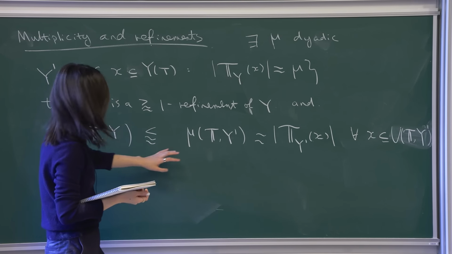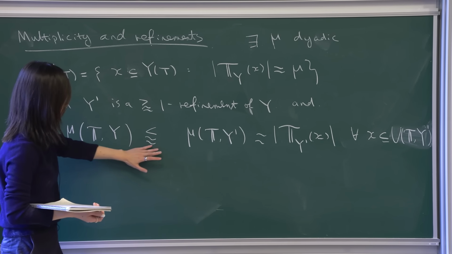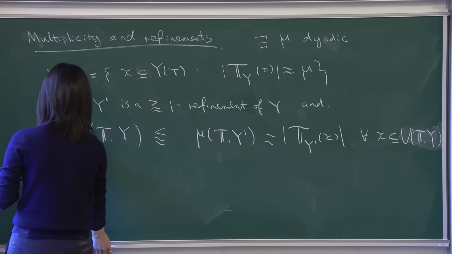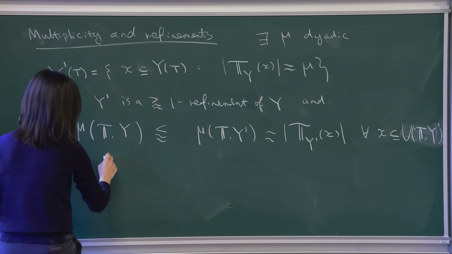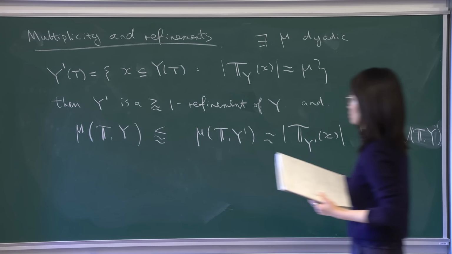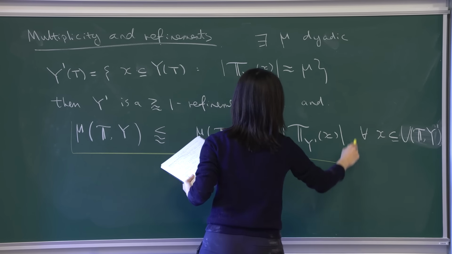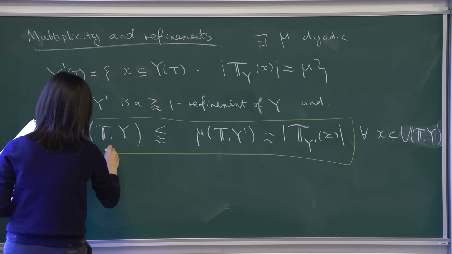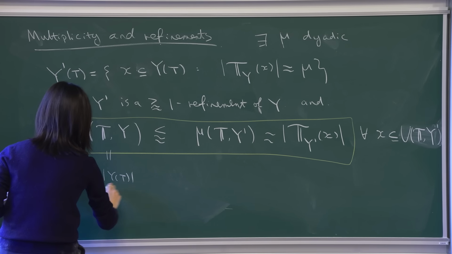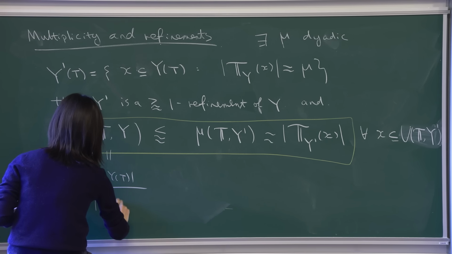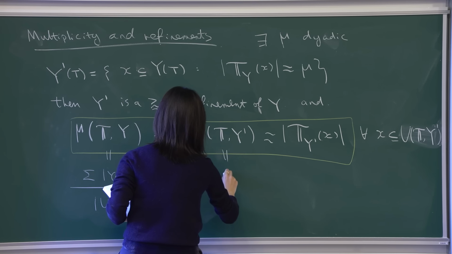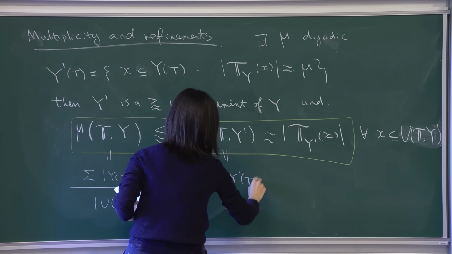This is just by pigeonholing, and it's very convenient. Let me just say why the first one is true, even though for some of you this might be very simple. We write out the definition: this is defined as the sum over Y_T, and this is defined as the sum over Y'_T.